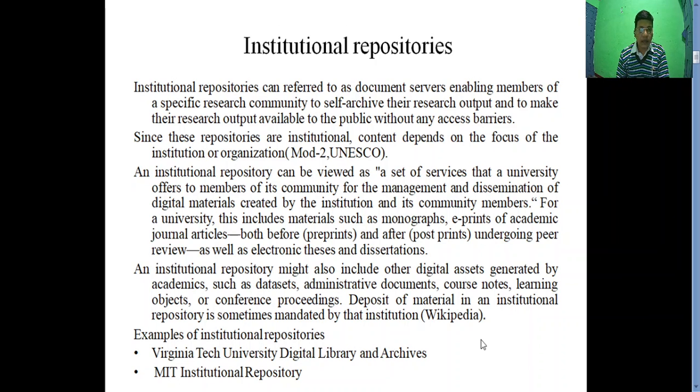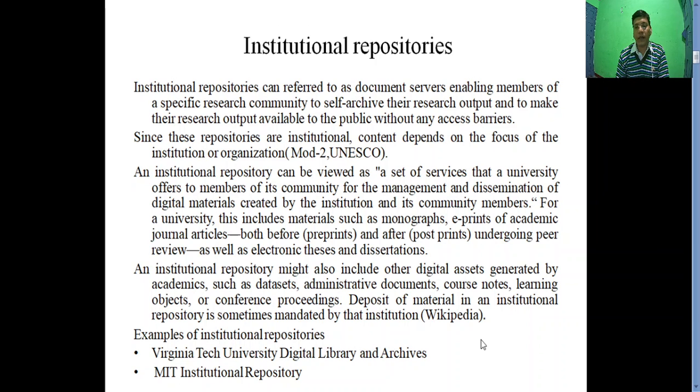For a university, this includes materials such as monographs, e-prints of academic journal articles, both before peer review as preprints or after as postprints, as well as electronic theses and dissertations. An institutional repository might also include other digital assets generated by academics, such as data sets, administrative documents, course notes, learning objects, or conference proceedings.